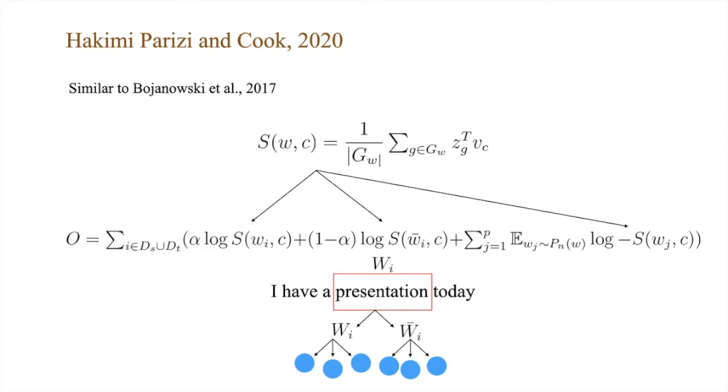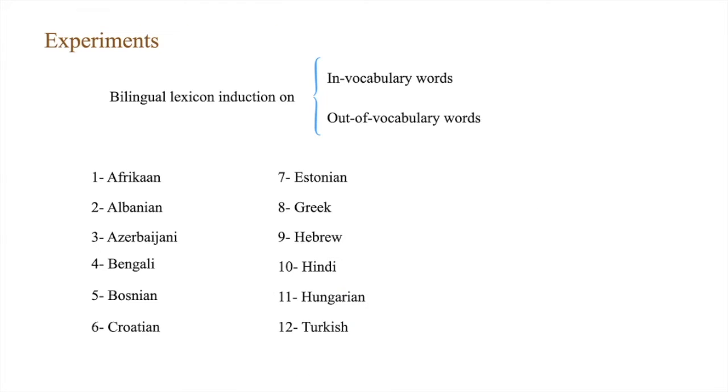So not only do they learn subword embeddings of w_i based on this context, they also learn the subword embeddings of w_i bar based on the same context.